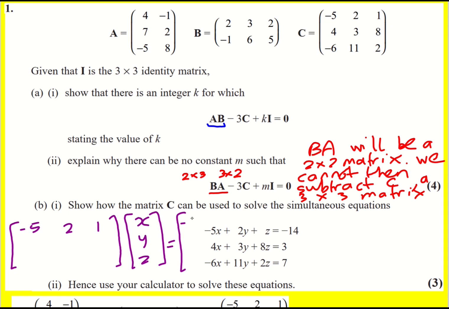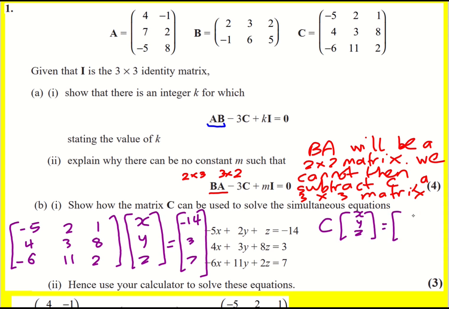And then that's equal to minus 14, 3, and 7. Well, those are the other ones. But now I can just fill in the rest of them. 4, 3, 8, minus 6, 11, and 2. So C times x, y, z is equal to minus 14, 3, 7.